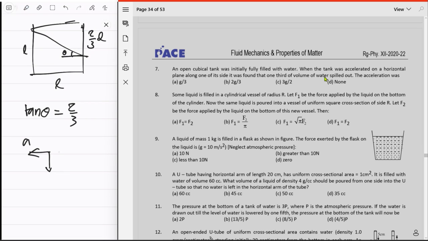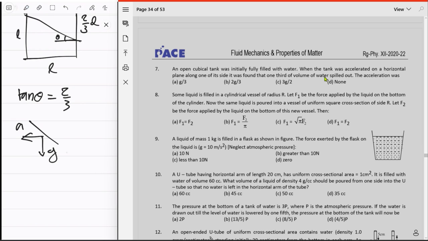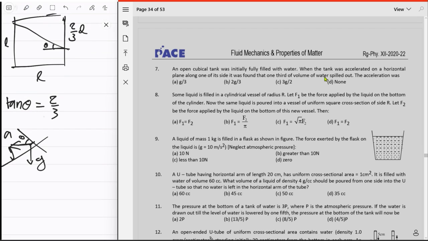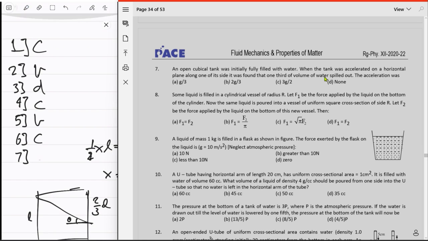So say this is A, this is G, and this is the surface that we are having. This angle is theta. This angle will just be 90 minus theta. So tan of 90 minus theta is equal to G upon A, or tan theta equals A upon G. So A upon G is equal to this thing, so A equals two-third of G, which is B. Next question.